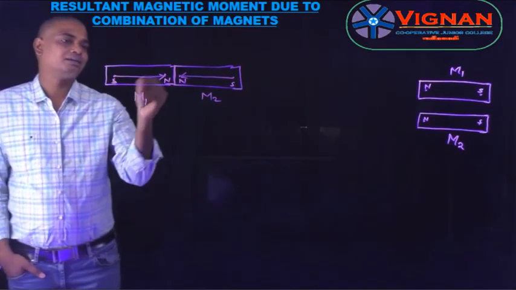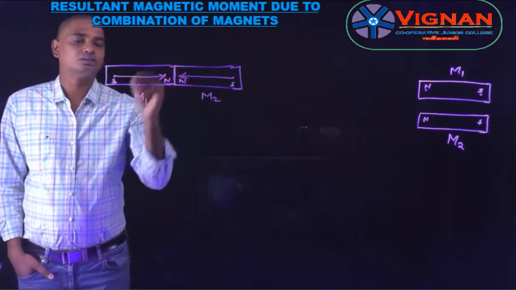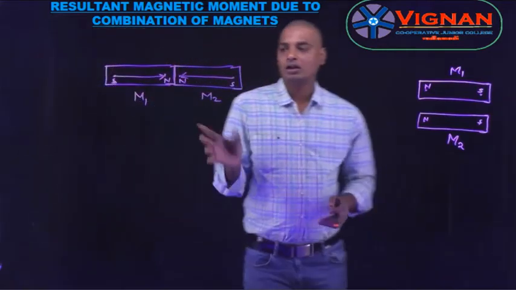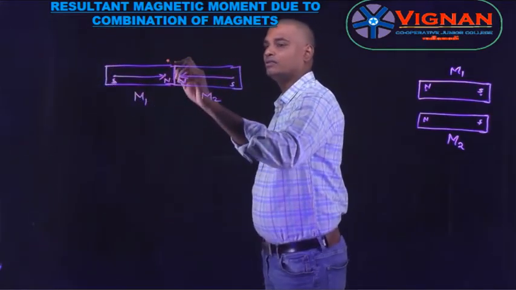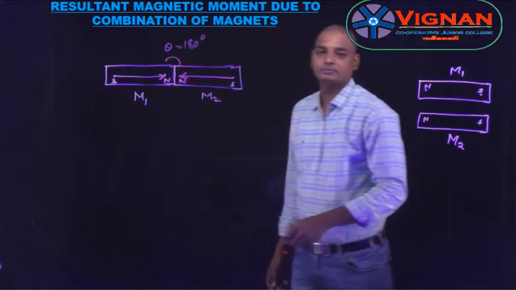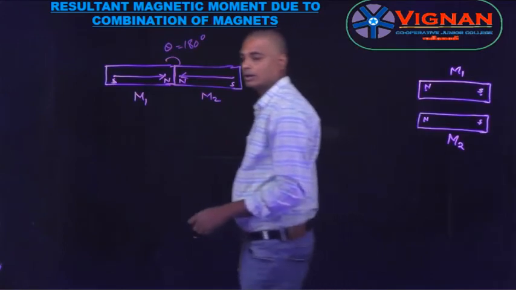Here the angle between them two is, as they are placed coaxially and one after the another, theta is equal to 180 degrees.